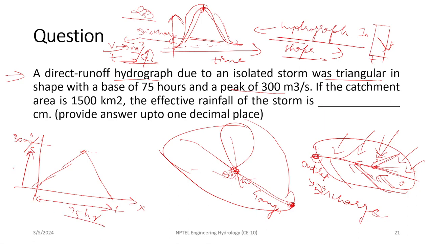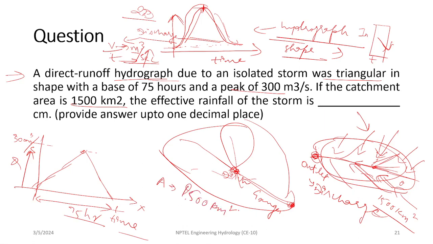Now we have Q, we have time also. We can consider this catchment, and at the outlet where we are measuring, it is contributing water from 1500 kilometers square. So the catchment area is around 1500 kilometers square.